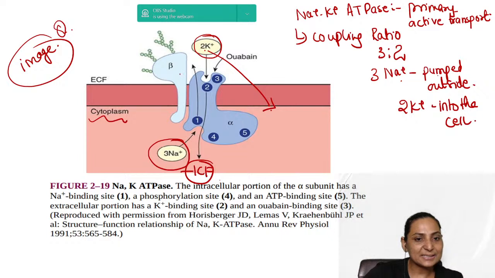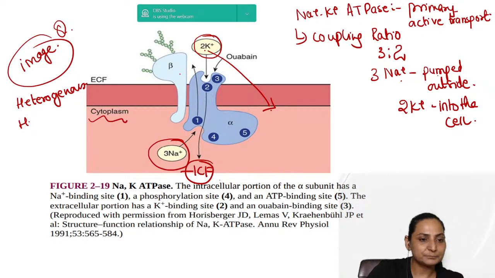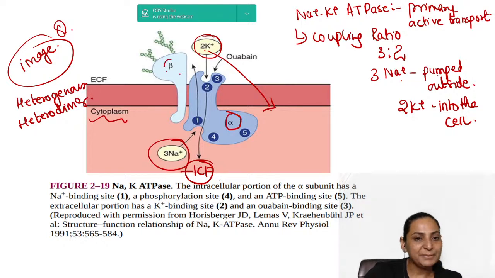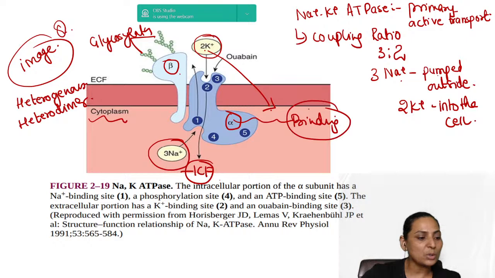Now this pump is also called a heterodimer, having alpha and beta subunits. These beta subunits are just meant for glycosylation, whereas the alpha subunits have binding sites for all the substances.